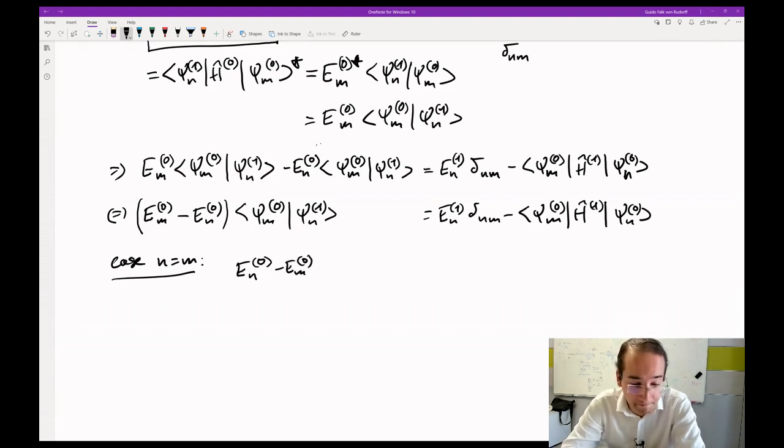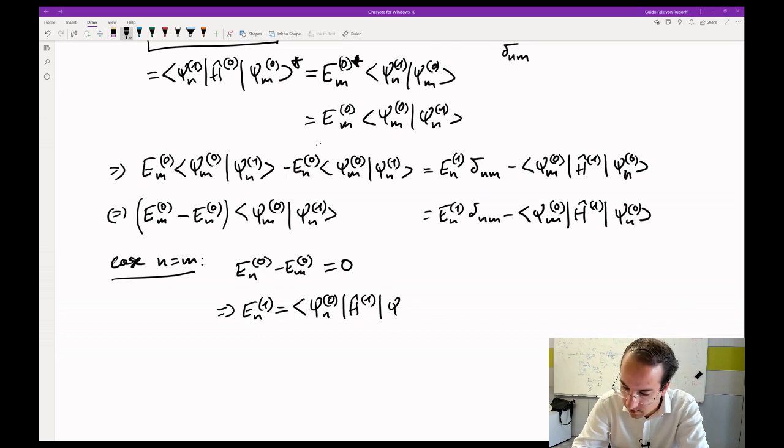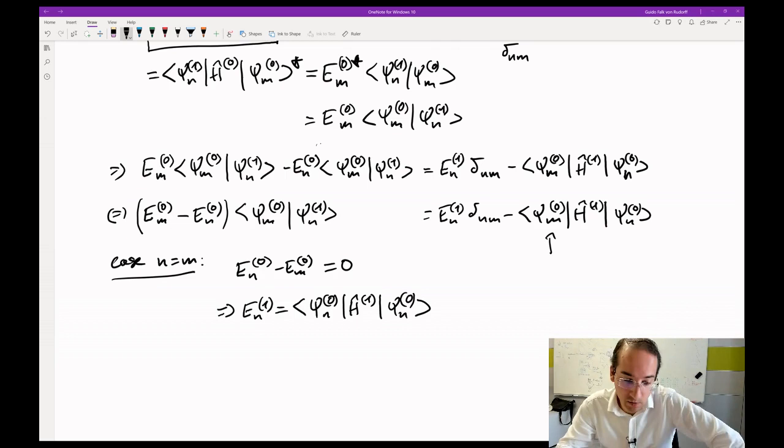It's the same energies. We also know that this delta NM becomes 1. So we only get key terms on the right-hand side. So we can say that in this case, En1 is psi M0 H1 psi N0. Because this M over here becomes N. In that case, those will be the same.